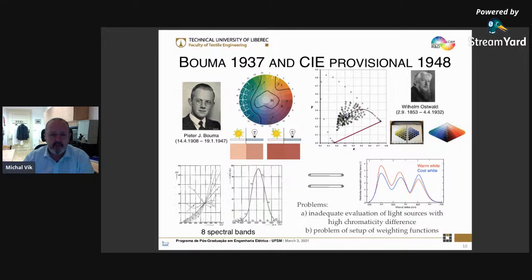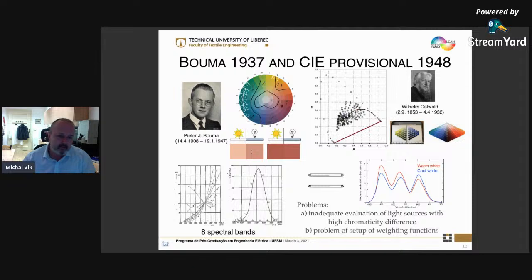And what is the problem? On the left side is daylight, on the right side is a tungsten lamp. If I compare these 2 sets of samples, which are the same from the point of view of color difference, you can see that the appearance is quite different.